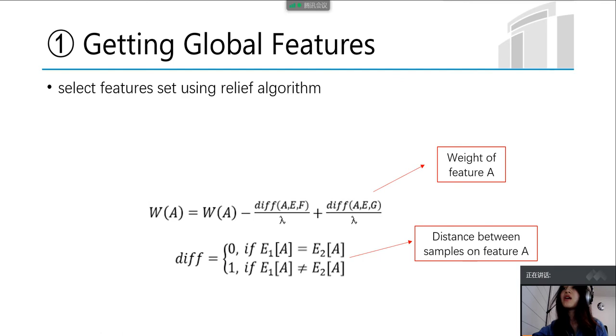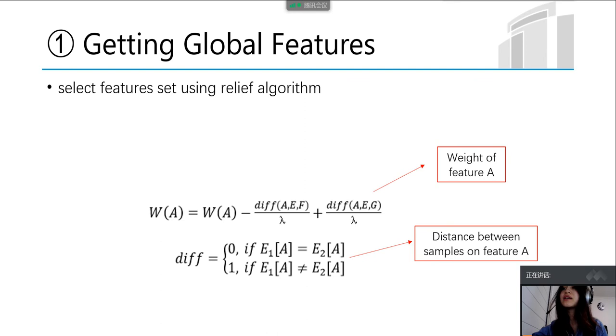The Relief algorithm selects a random sample. The feature weight is obtained by respectively calculating the distance between the sample and the nearest neighbor of the same category and the nearest neighbor sample of a different category.